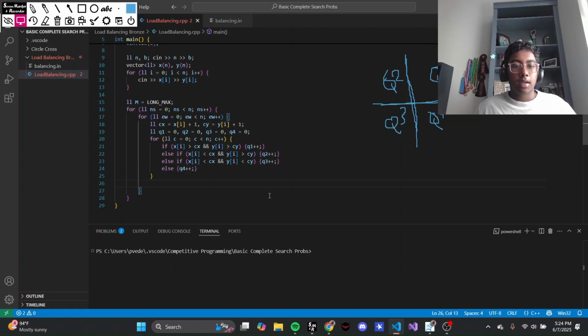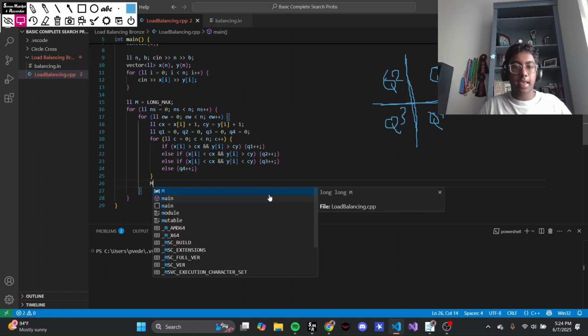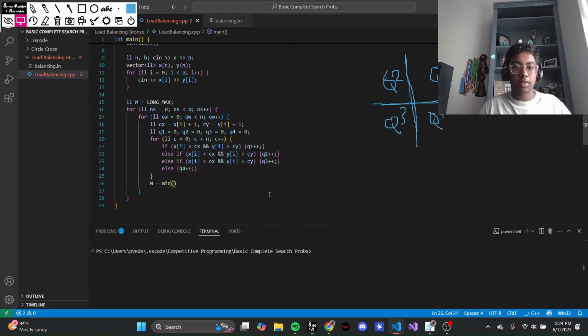Okay, so now you'll just do m equals min between m and max of q1, q2, q3, q4. Basically, remember that the m value for a certain north-south and east-west fence is the max number of cows for any quadrant for that specific pair of fences.